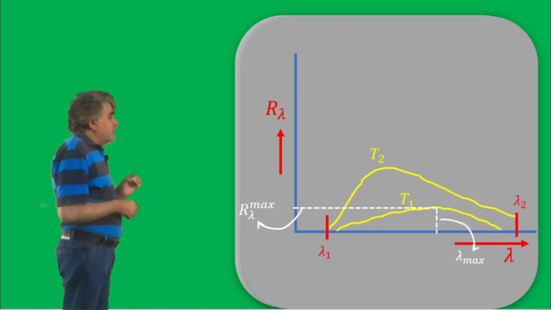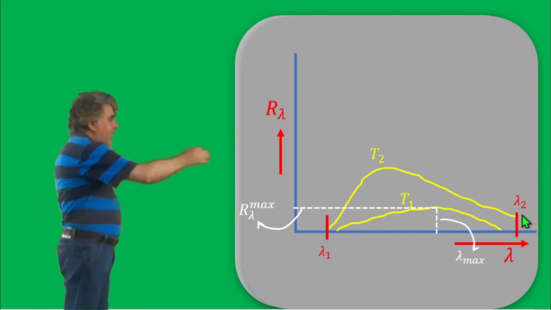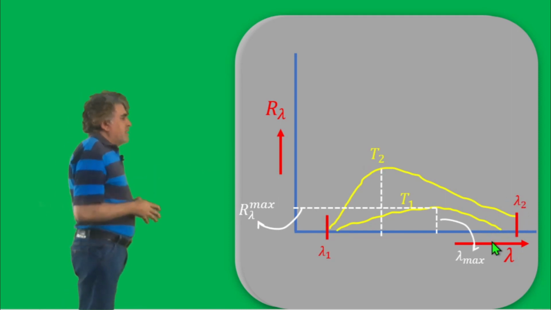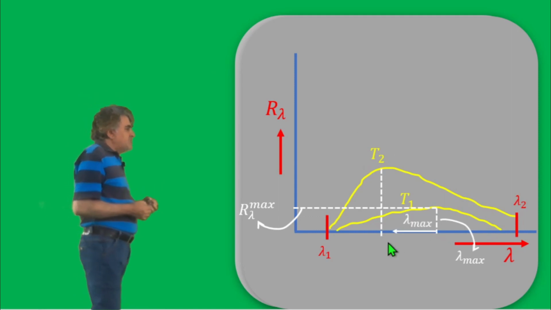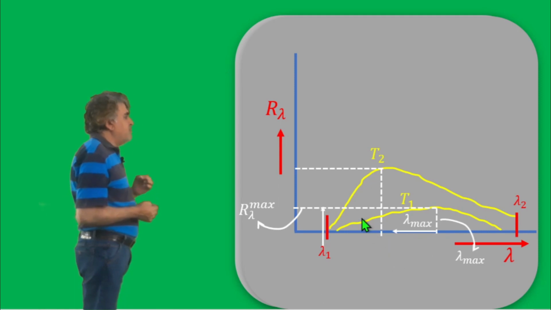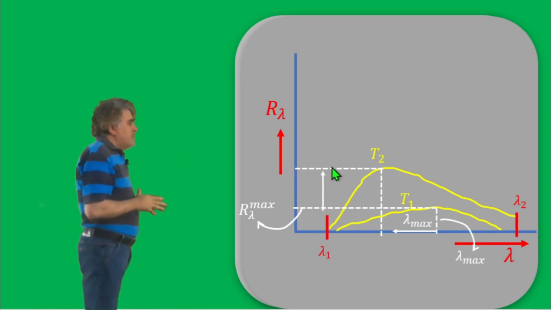Also note that the limits of the wavelengths at the two ends of the curve have also been extended. The wavelength at which the maximum of the curve occurs has also shifted to the region of lower wavelength, and the amount of emissive power has shifted to a larger value.